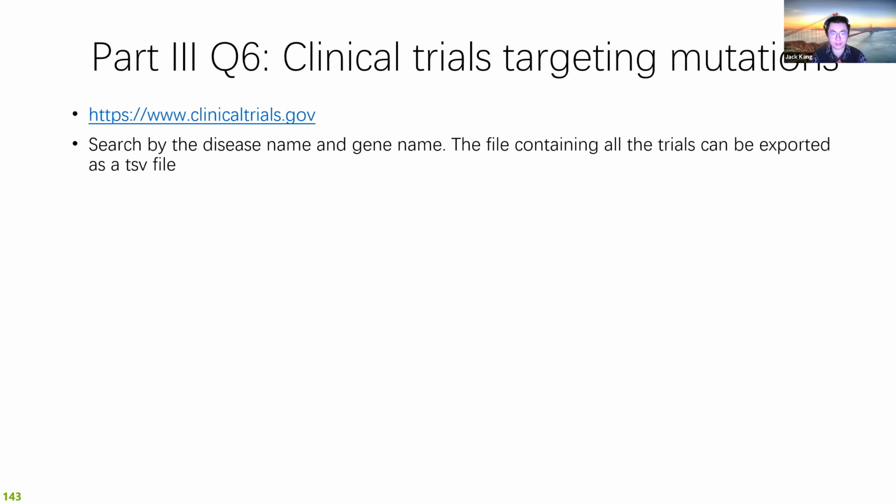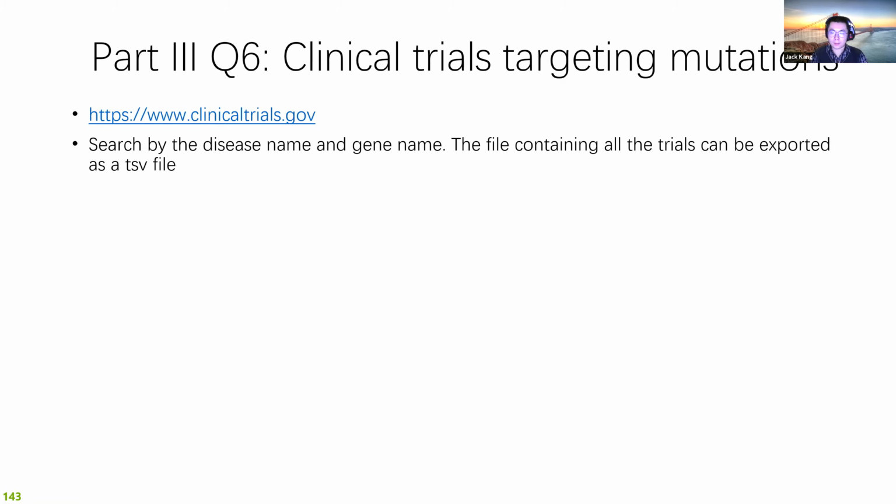And question 6 is also very easy. It asks you to count the number of clinical trials targeting a certain mutation. So you just go to the clinicaltrials.gov website and search by the disease name, like glioblastoma, and the gene name. And it will print out the clinical trials targeting this gene in glioblastoma.